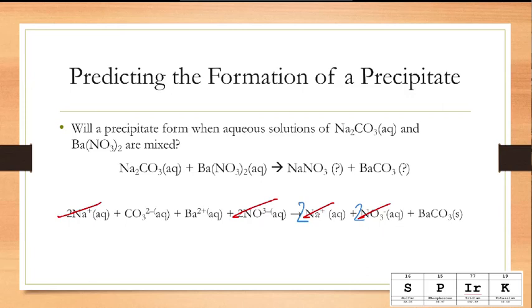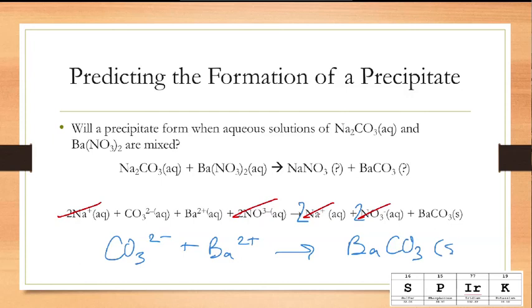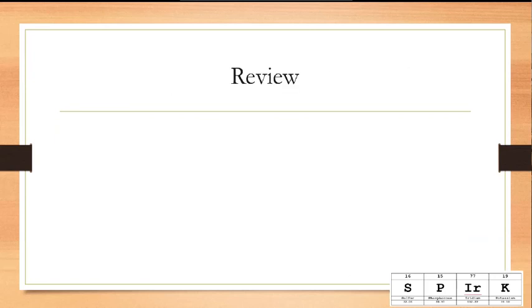And so now we can see that we are left with our net ionic equation. Carbonate plus barium yields our barium carbonate solid. So here we are balanced, we obey the law of conservation of mass, and our charges also cancel out.